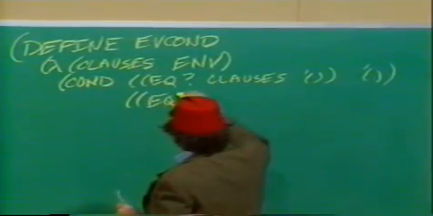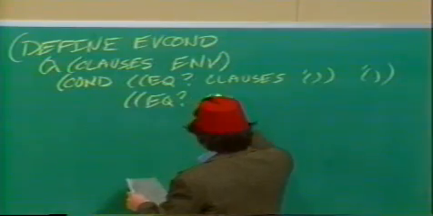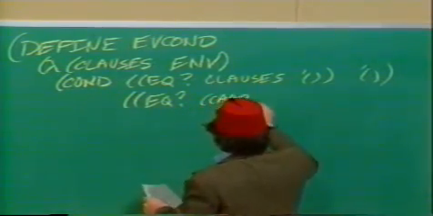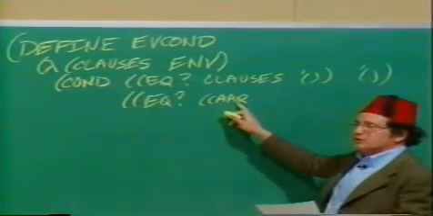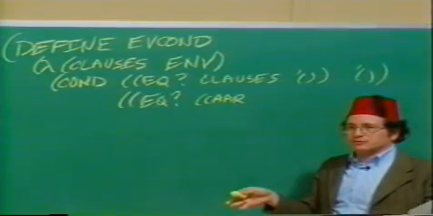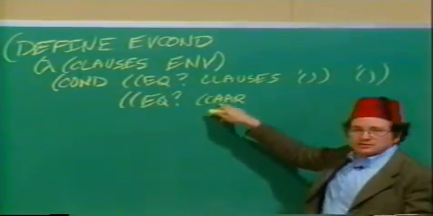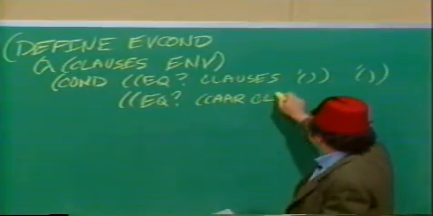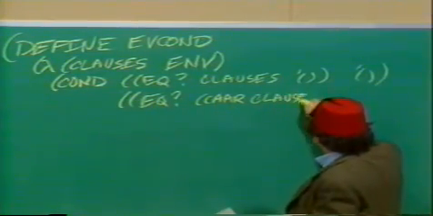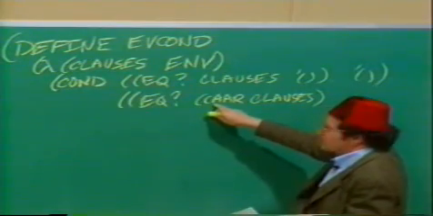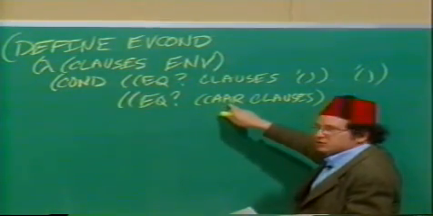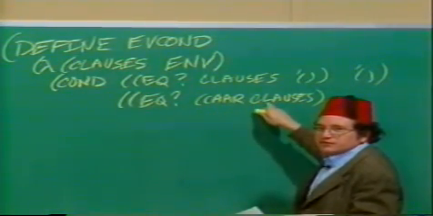If I've got an else clause, you see, if I have a list of clauses, then each clause is a list. And so the predicate part is the car of the clauses. It's the car, which is the first part of the first clause in the list of clauses.